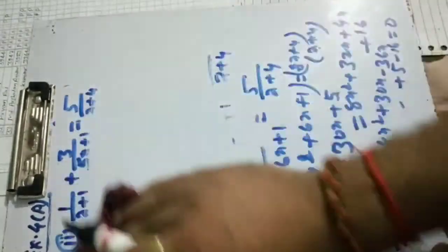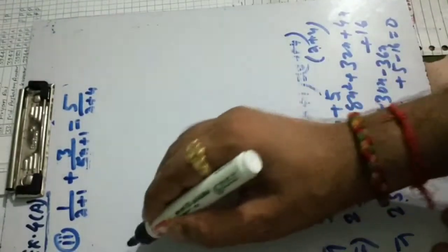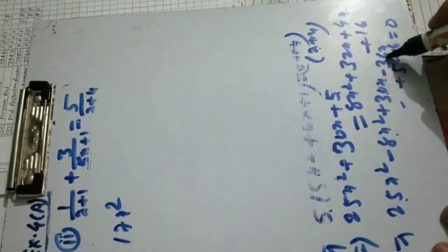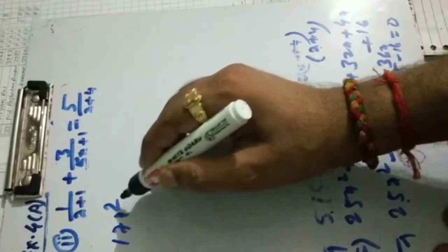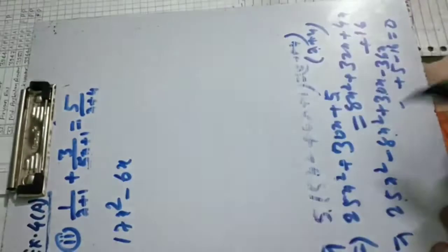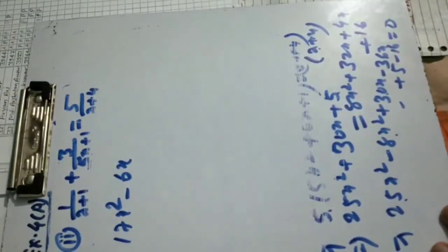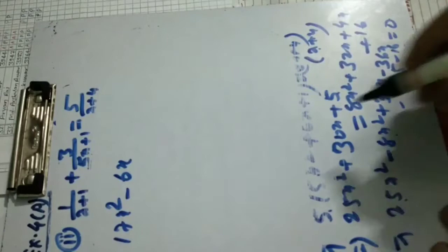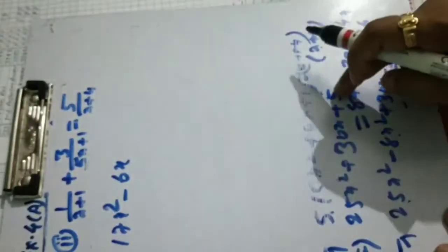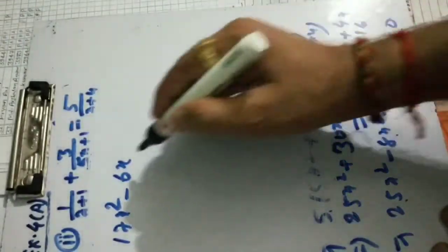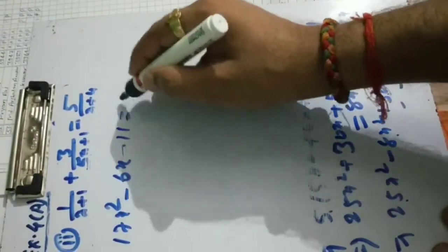Then it will be 25x square minus 8x square will be 17x square, 30x minus 36x will be minus 6x, and 5 minus 16 will be minus 11, is equal to 0.